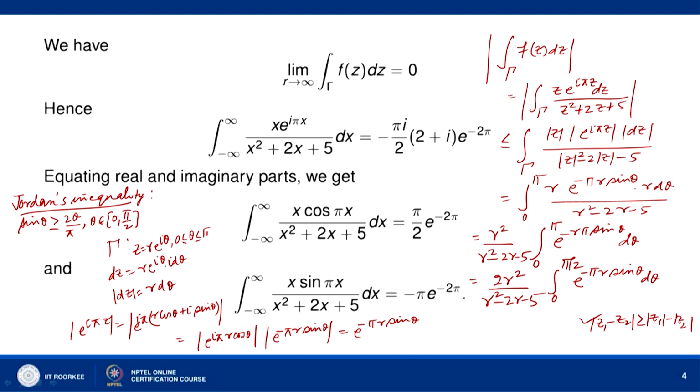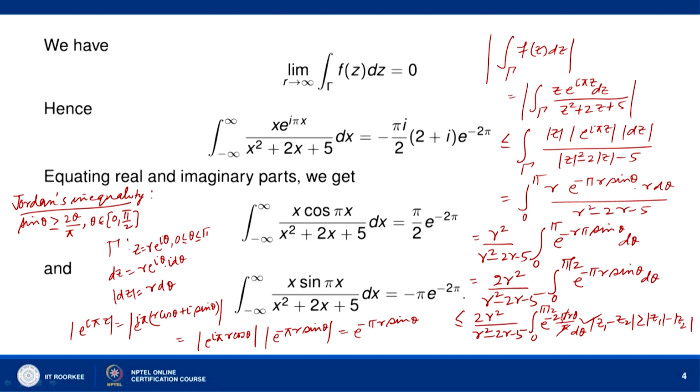So, here we can write this as less than or equal to 2 r square upon r square minus 2r minus 5, and then the integral from 0 to pi by 2 of e to the power minus pi r into 2 theta over pi, so minus 2 pi r theta divided by pi, d theta. We replace sin theta by 2 theta over pi, so pi will cancel and we get e to the power minus 2 r theta d theta.